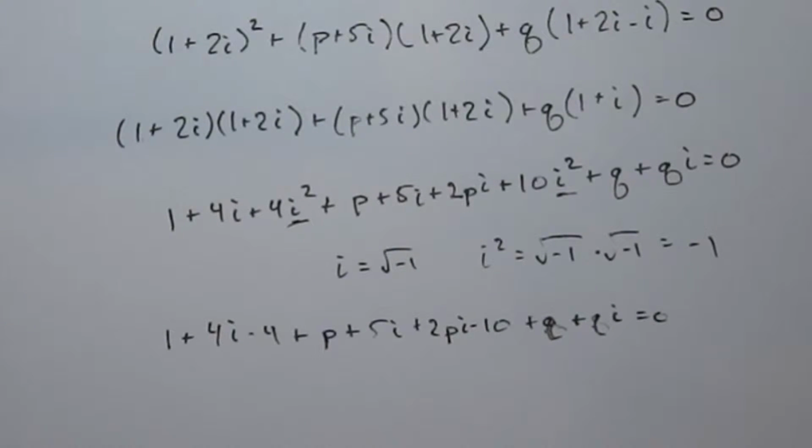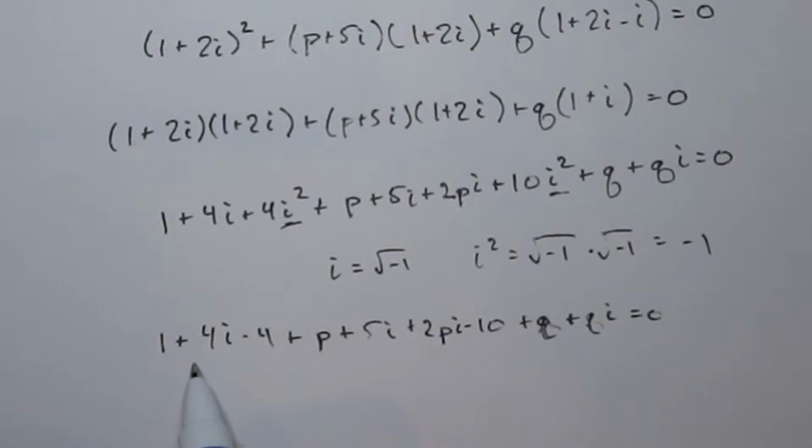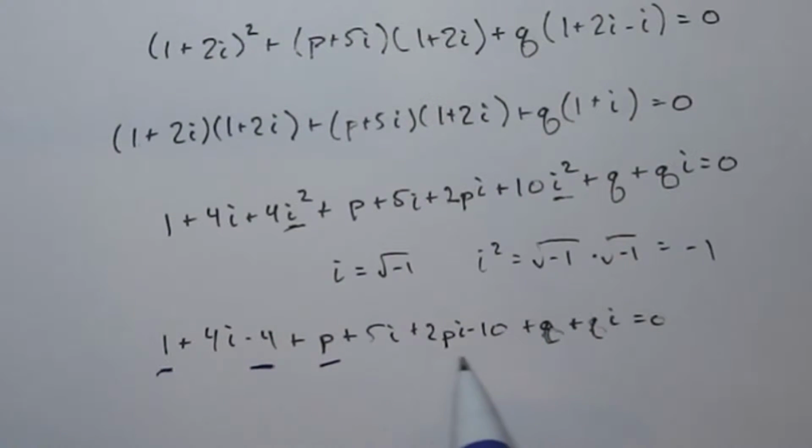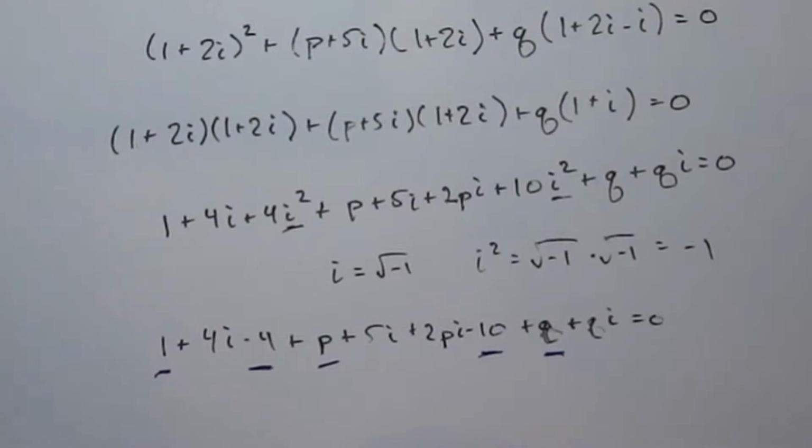So what I can do is pull these out individually, and set each equal to 0. So I'm going to take all of my real parts, which is going to be 1, -4, p, -10, and q, and I'm going to set them equal to 0.